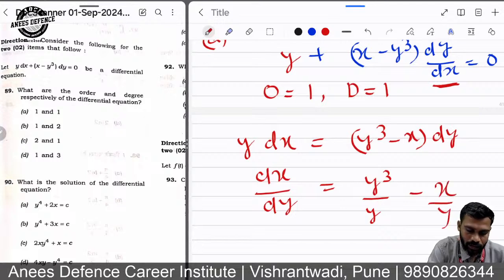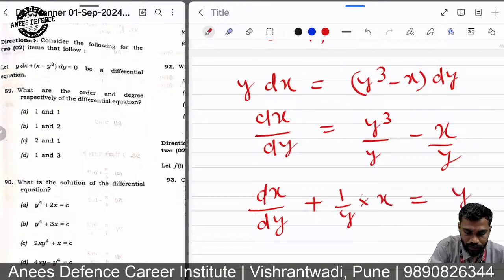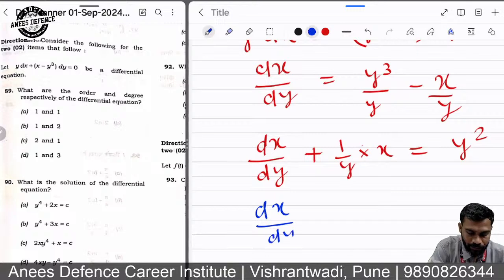x by y, right? Now, what we can do? dx upon dy plus 1 by y into x is equal to y square. Now, this is a linear differential equation, right? We can compare it with dx by dy plus px is equal to q.